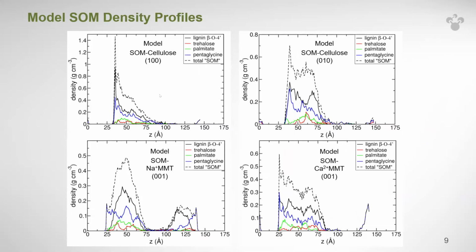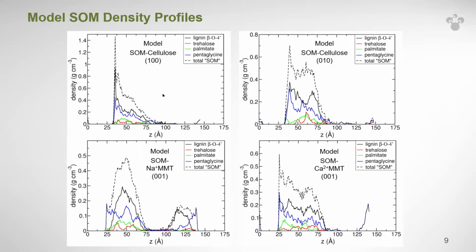We see that, as expected, the cellulose 100 surface shows its hydrophobicity, with the lignin fraction having a high density at the surface of that system. And interestingly, the hydrophilic protein also shows us a fairly high density there too.